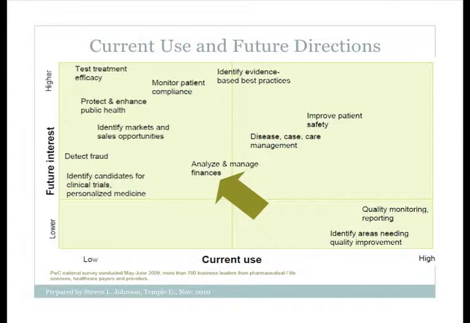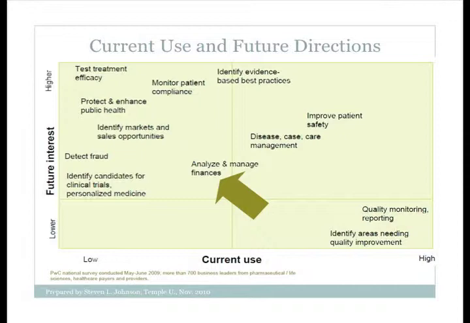Okay, so in terms of what people are doing now and where they're moving with secondary use, I mentioned that I would get to this a little bit more. This is the last slide on secondary use before I get to my example. Down on the bottom right is what most people are doing today, the really high current use.